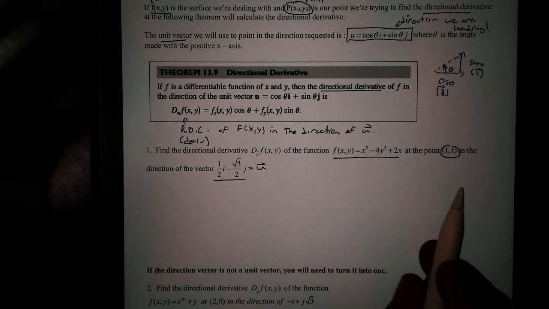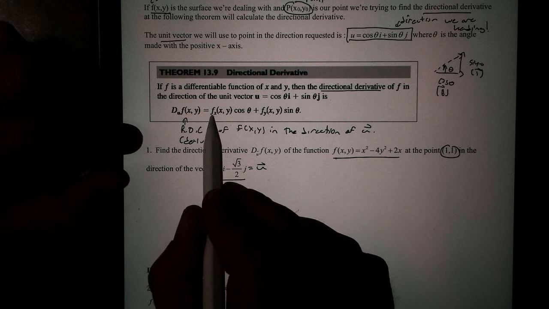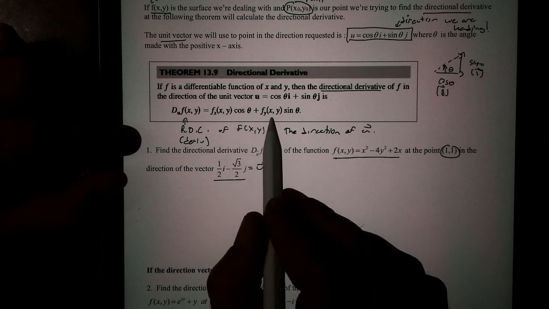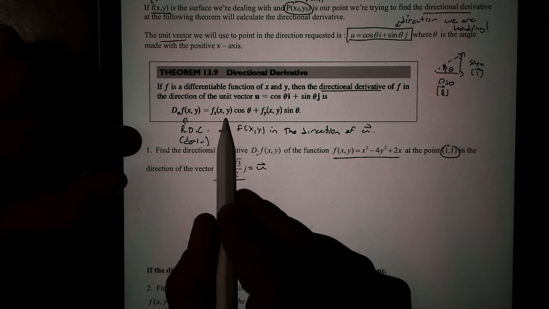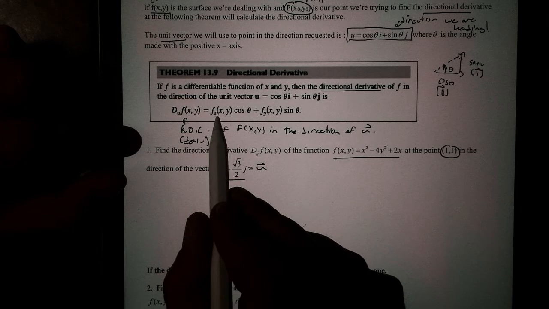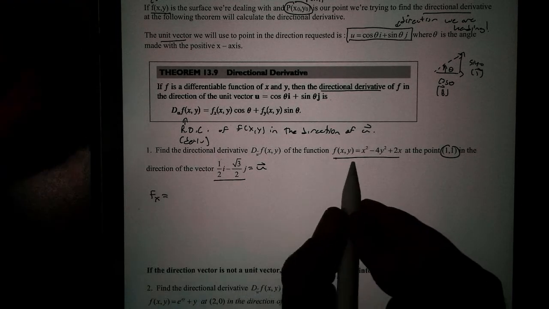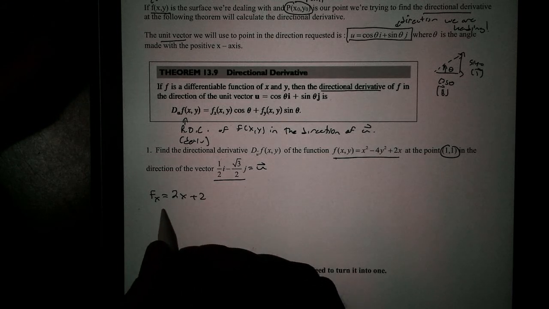Well, let's take a look at our rule. What does it say to do? Duff says to look at the partial with respect to x times cosine theta, plus the partial with respect to y times sine theta. So my rule right away says I have to find my partials. So we're going to do that. Find the partials, fx. The derivative with respect to x is just 2x plus 2.